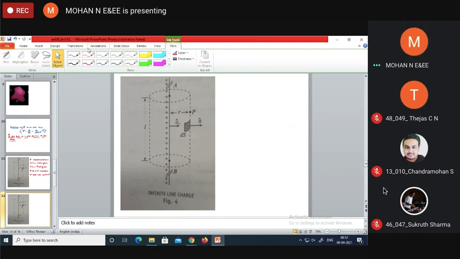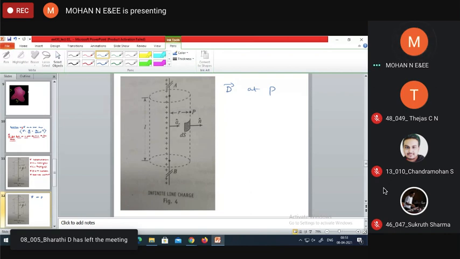So we know that the D flux density will be at point P. So D is what? The flux density at point P. Okay, and all points on the curved surface are the same distance from the line charge. Do you agree?